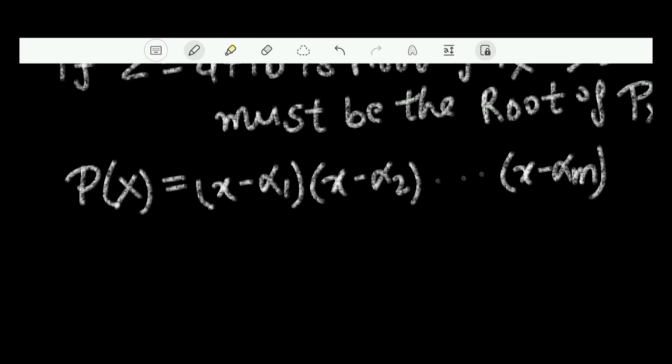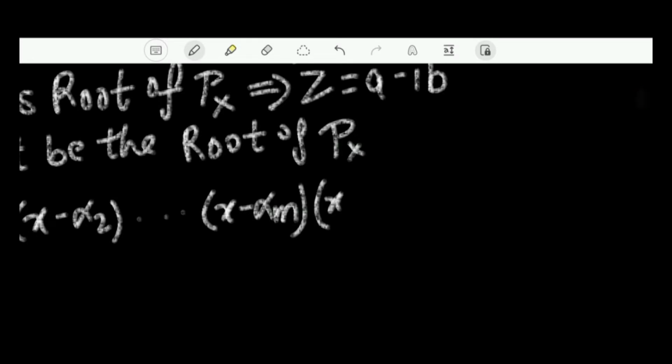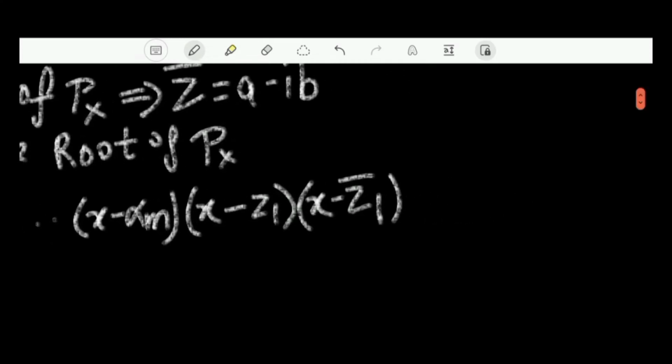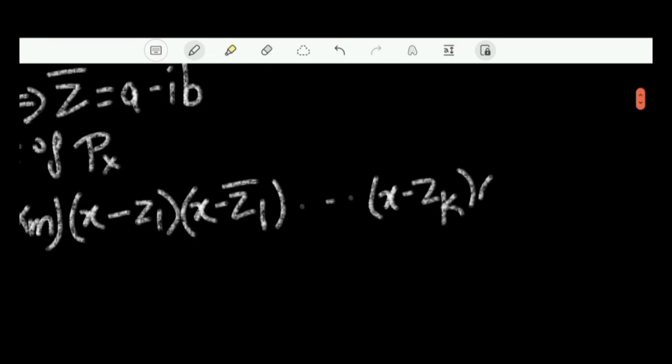And except for these m roots, there are a few more complex roots, which are (x − z1), and since its conjugate must also be a root, we write (x − z1 bar), and this continues up to (x − z sub k) multiplied by (x − z k bar).